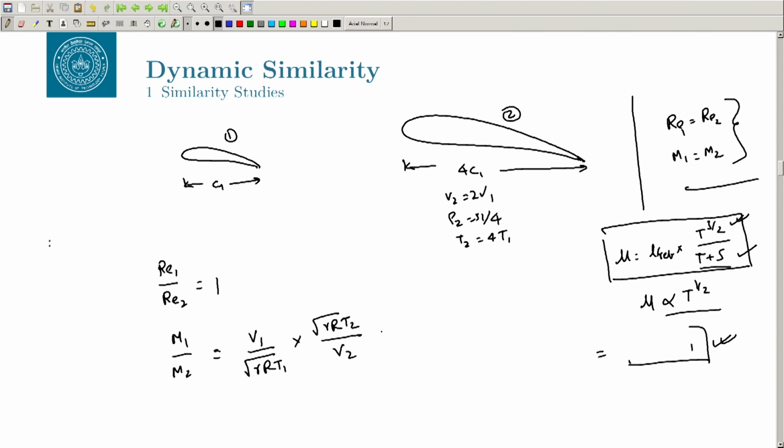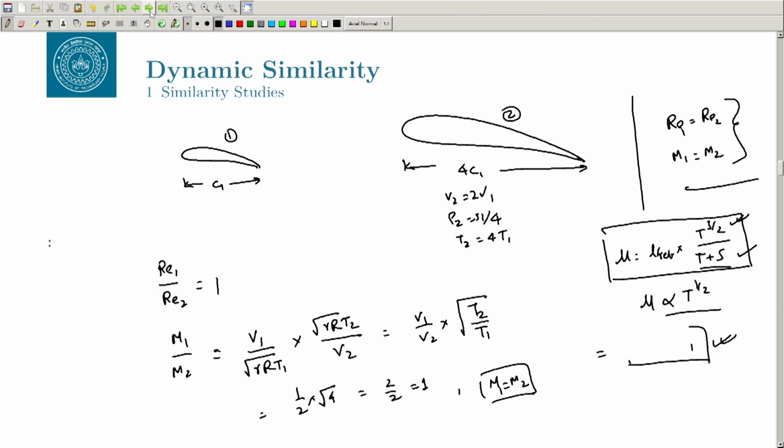This is V1 by V2 into square root of T2 by T1. So, V1 by V2 will be 1 by 2 and T2 by T1 is 4, the square root of 4 is 2, and 2 by 2 is equal to 1, that means M1 is also equal to M2. So, that means these flows are dynamically similar.